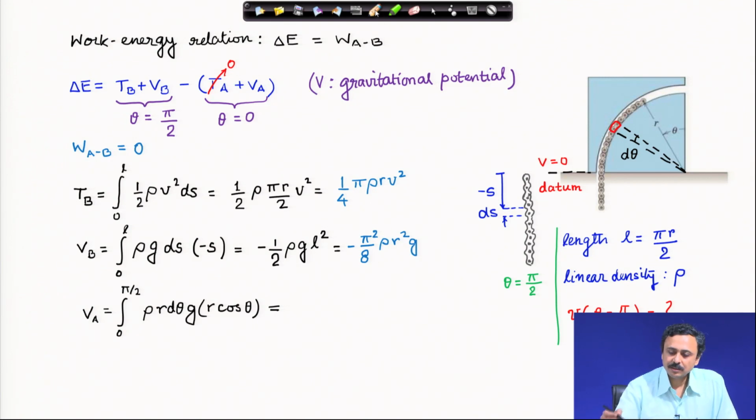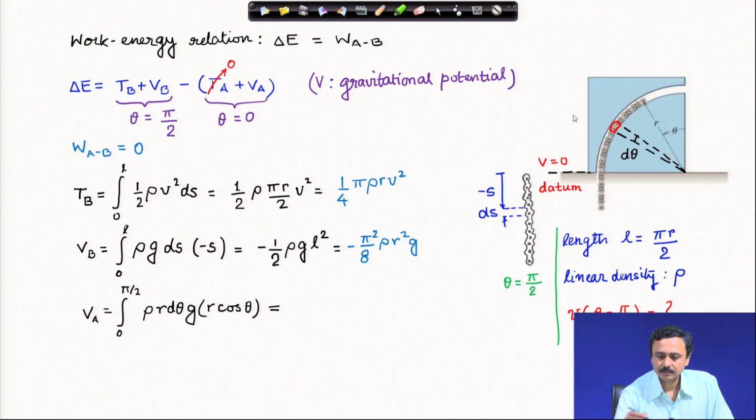Again, imagine this element. Here I have marked out this element ds. This ds can be written as radius times d theta, and d theta is marked here.